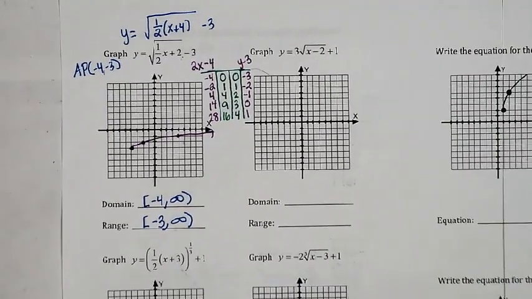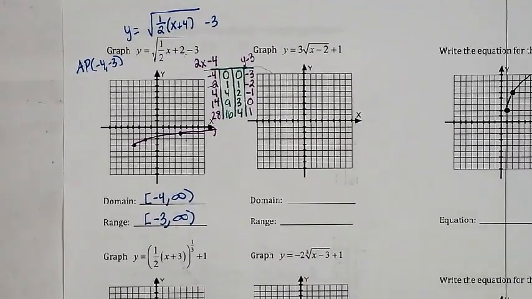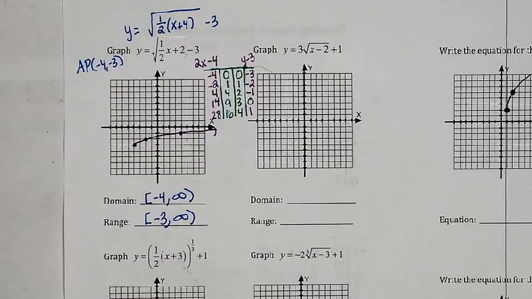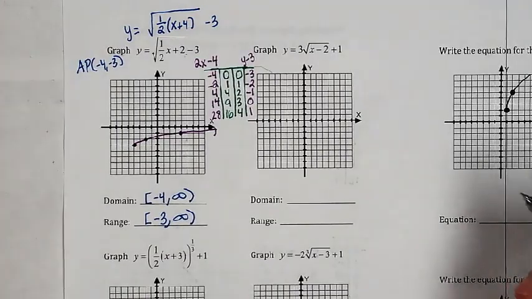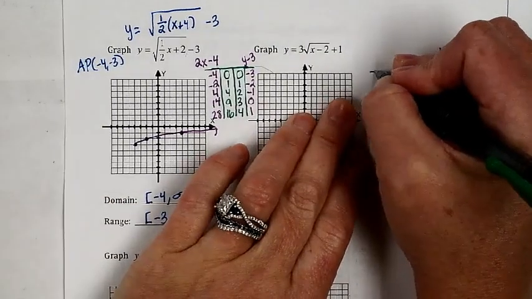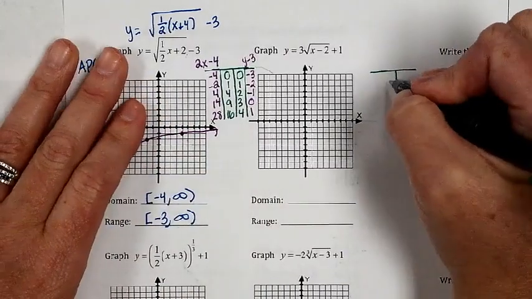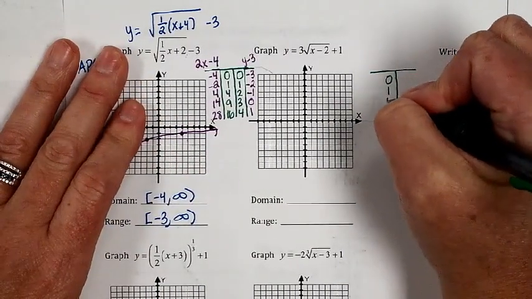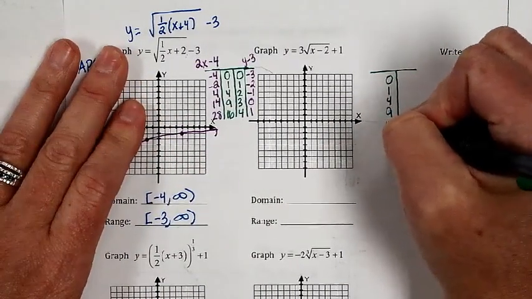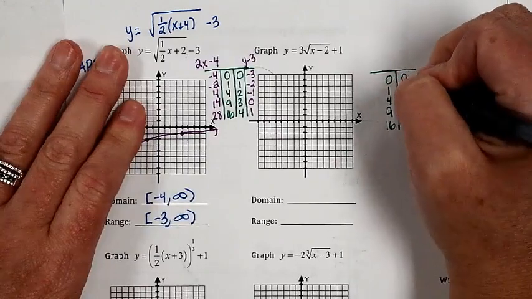Alright, next one, y is equal to 3 square root of x minus 2, plus 1. Again, we have a square root, so same parent function table, 0, 1, 4, 9, 16 for the x's, and for the y, 0, 1, 2, 3, 4.